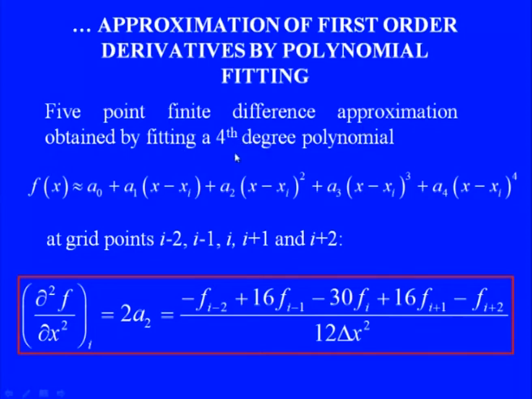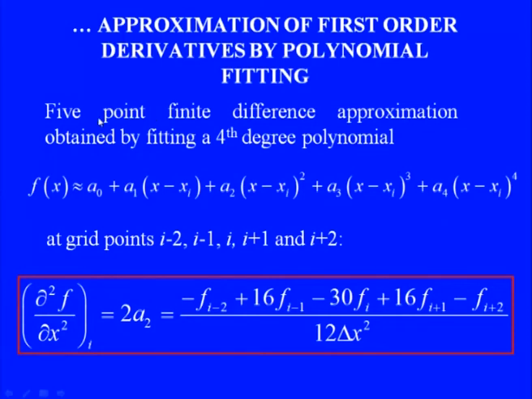by fitting a 4th degree polynomial. So the 4th degree polynomial is given by f(x) = a0 + a1 (x - xi) + a2 (x - xi)^2 + a3 (x - xi)^3 + a4 (x - xi)^4. In this polynomial we have a0, a1, a2, a3 and a4, a total of 5 unknown numerical coefficients.